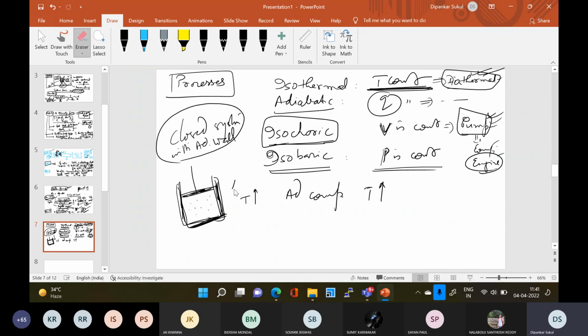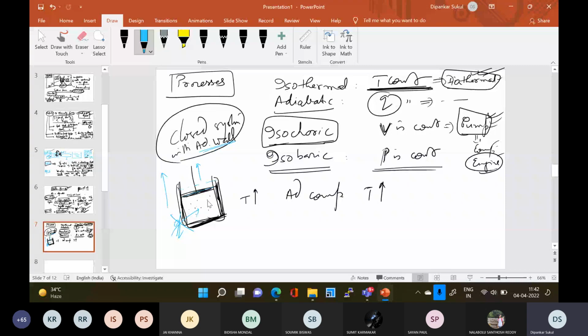But in the same system, that is, a closed system with adiabatic wall, if I increase the volume, if I move the piston upward, then volume will increase. Volume increase means the system is doing some work. Now, for any amount of work, some energy is required. But there is an adiabatic wall, hence from the outside it cannot take up any heat.